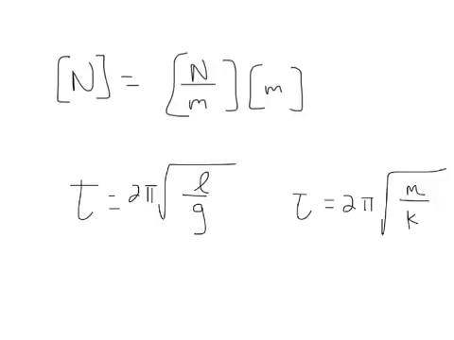But for a mass spring system, the factors that affect the period are the actual mass of the block or object, and K or the spring constant. Now, make physical sense of these relationships. Here, as K goes up, what does that mean about the spring?